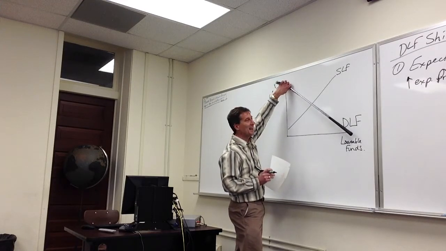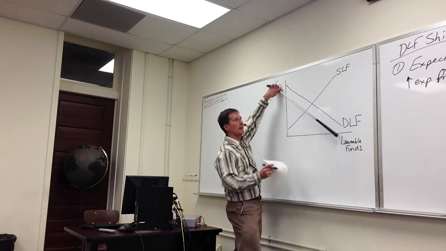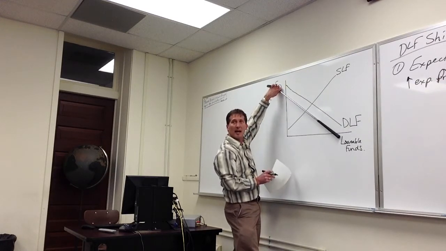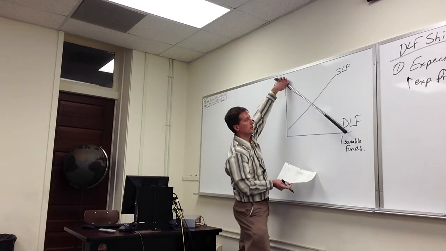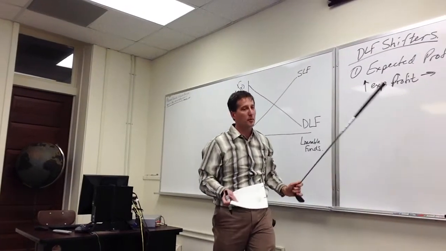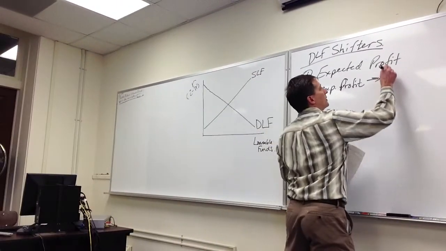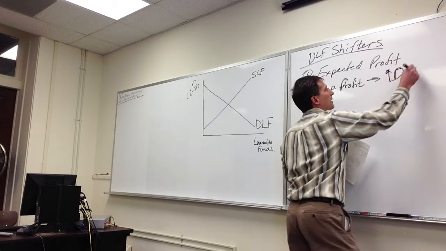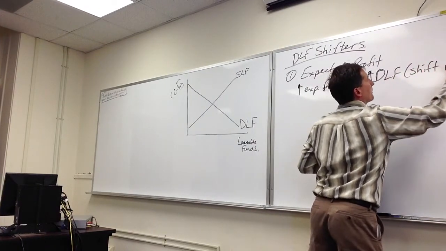If businesses expect that 2013 is looking good, shift to the right or to the left? To the right. Good. So as expected profits rise, that's going to lead to an increase in the demand for loanable funds, a shift to the right.